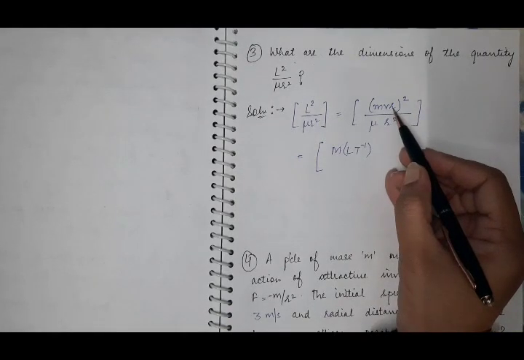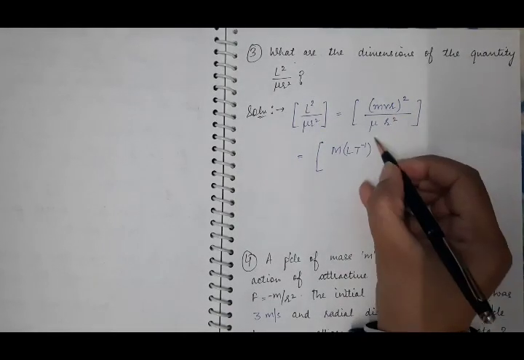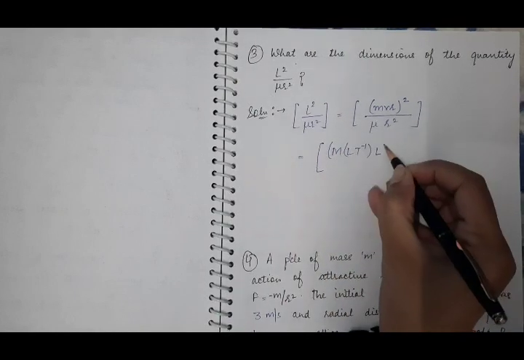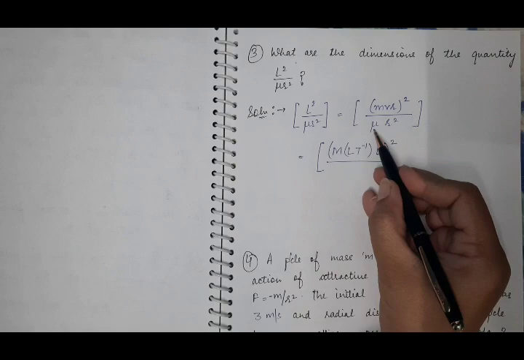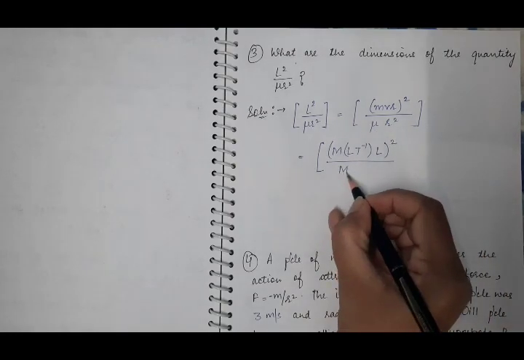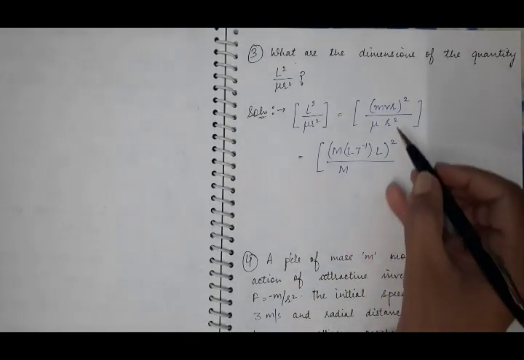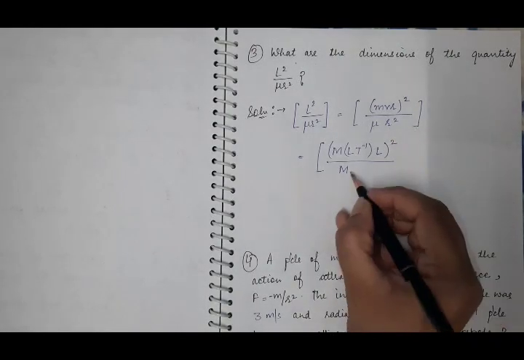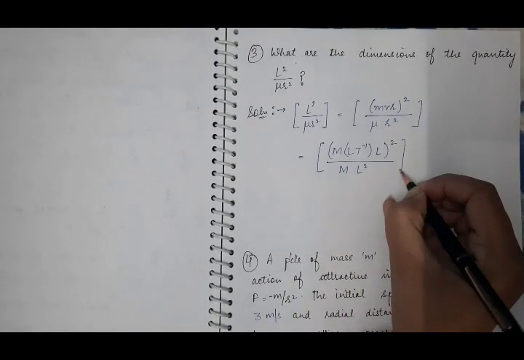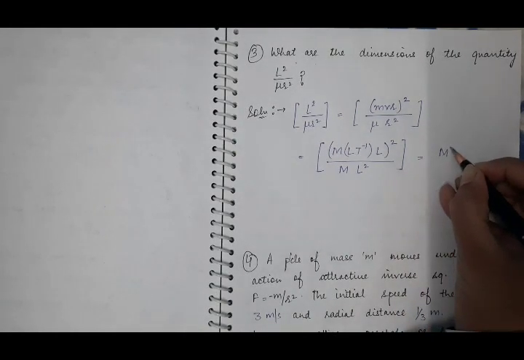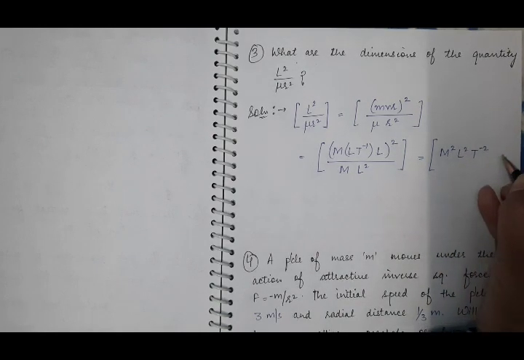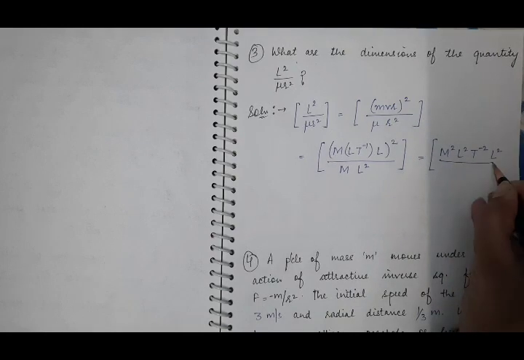Then r is the distance. Dimension of distance is L, and its square, divided by the reduced mass whose dimension will be M, and then distance square, so its dimension will be L square. So solve this. We have M square L square t minus 2 L square divided by M into L square.